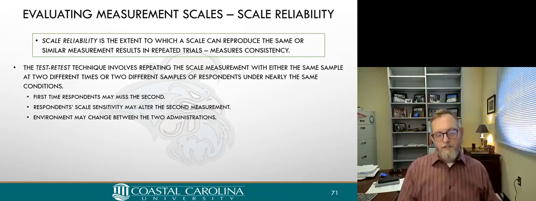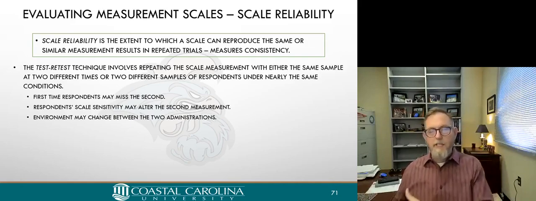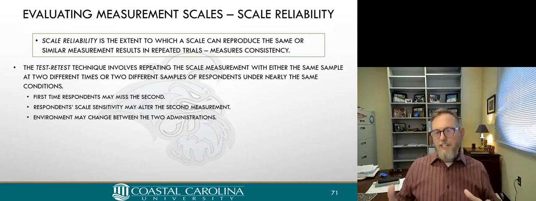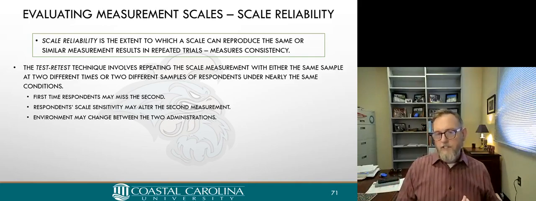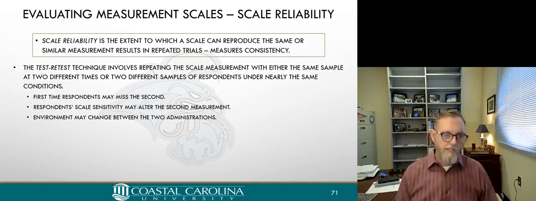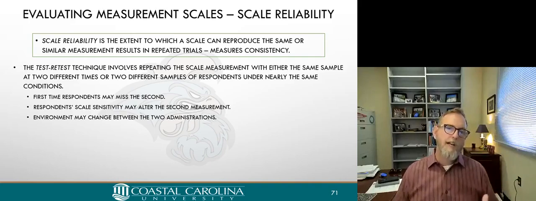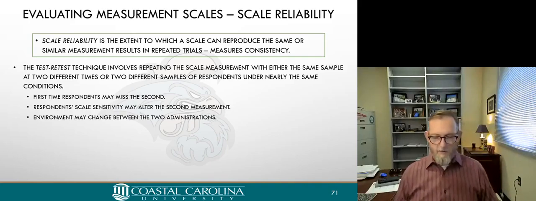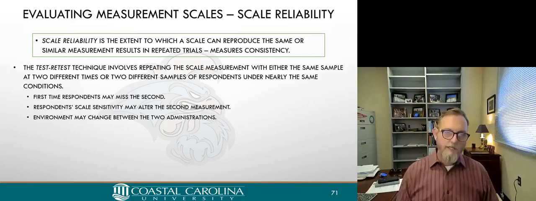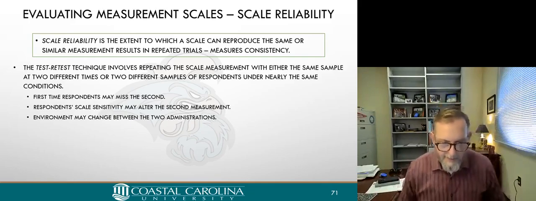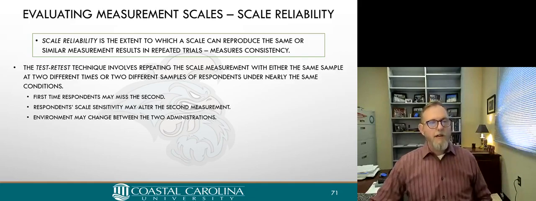Now, another way we do this is we ask people to fill out a survey on day 1, and then a month from now, we ask them to fill out the survey again. And we can compare how they answered that question, either within the survey at 2 points in time or later on at 2 points in time. And we can determine how much reliability there is in and between those points in time, and if that measure consistently returns the same result, then that's a good thing.